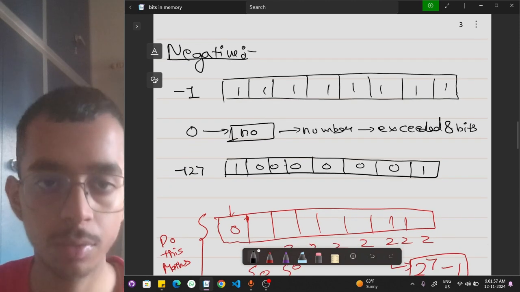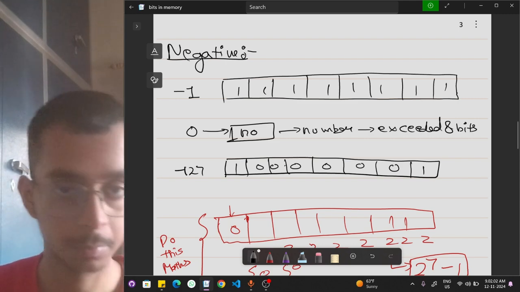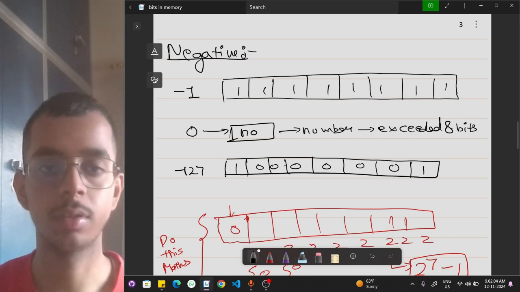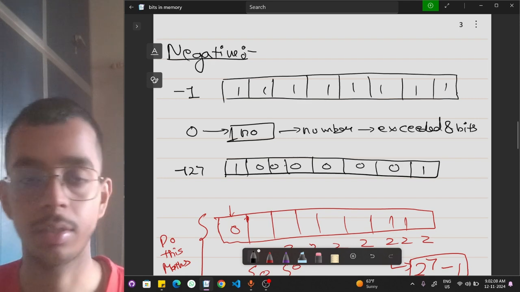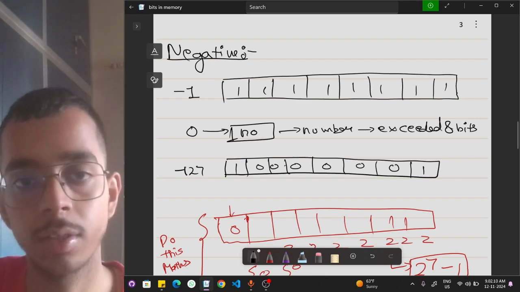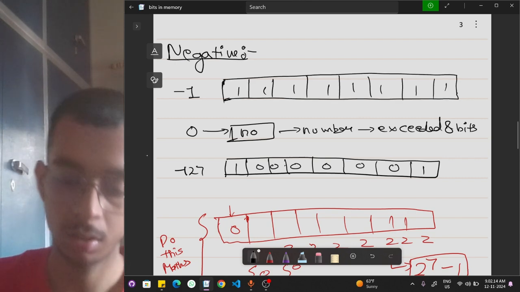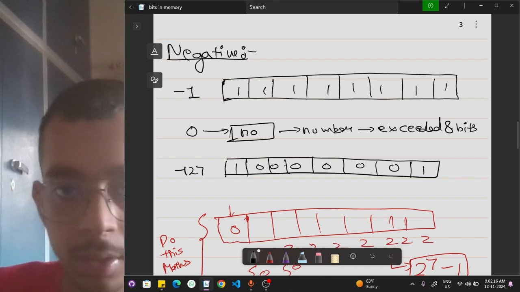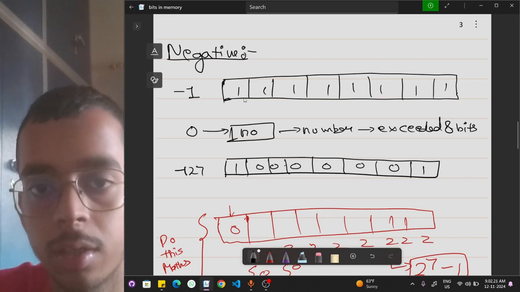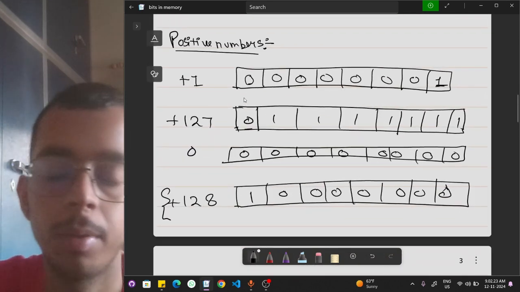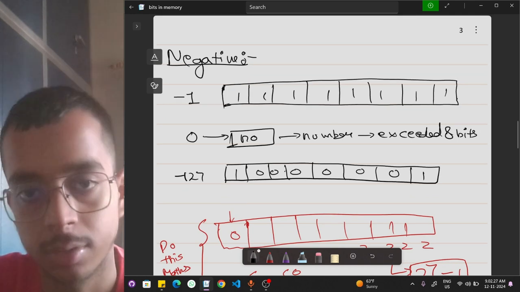For the negative numbers, how is minus one represented? Minus one is represented like this. How? If you take the two's complement of plus one, then minus one will be this.